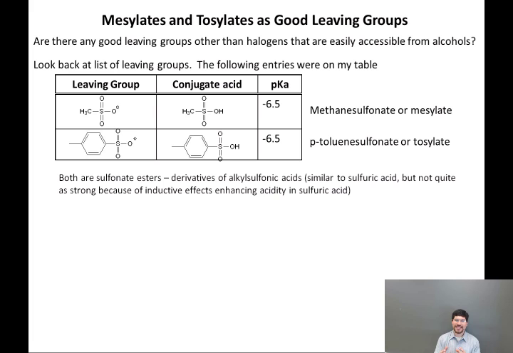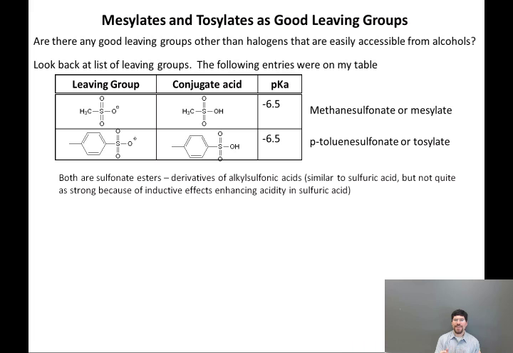Because sulfuric acid, with 4 oxygens bound to the sulfur, has inductive effects stabilizing a minus charge on one of those oxygens, thus enhancing the acidity of sulfuric acid and giving it a pKa of -9. In the case of the alkyl sulfonic acid, when you remove the hydrogen, you still have a highly resonance stabilized anion, but you don't have the inductive effects on top of the resonance effects.